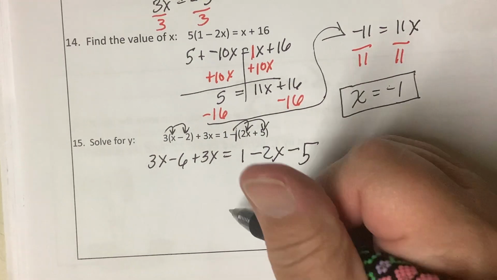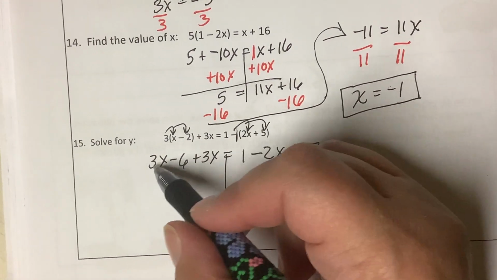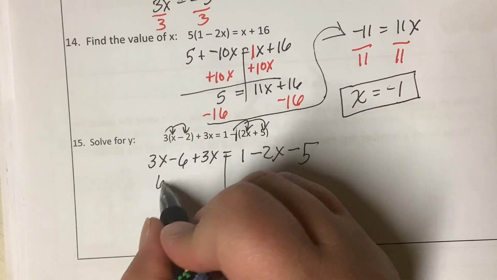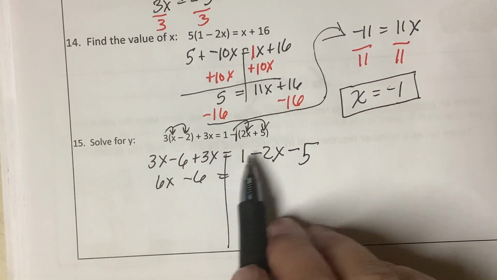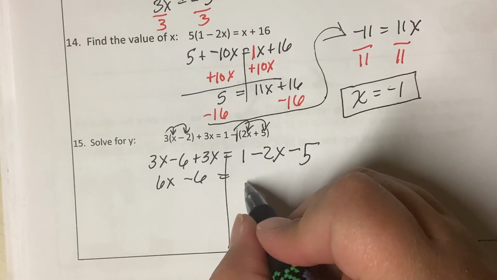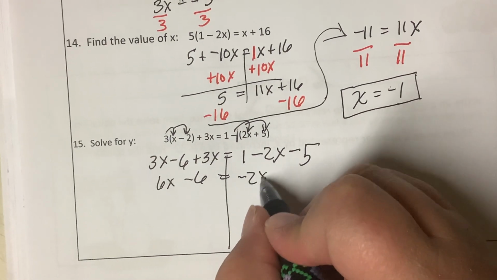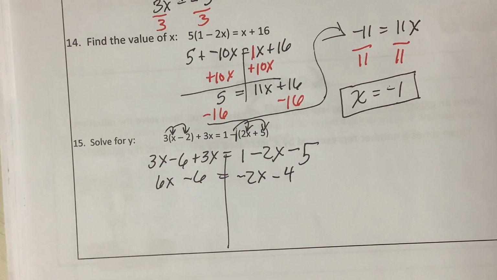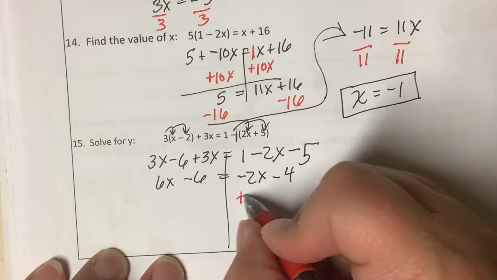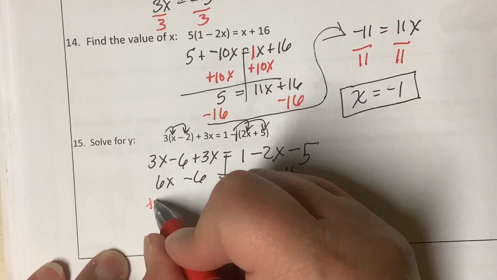All right, put a line here. 3x and 3x is 6x minus 6 equals 1 plus negative 5 is negative 4. So negative 2x minus 4 plus negative 4, whatever. All right, now move the smaller variable to the larger. Plus 2x, plus 2x.